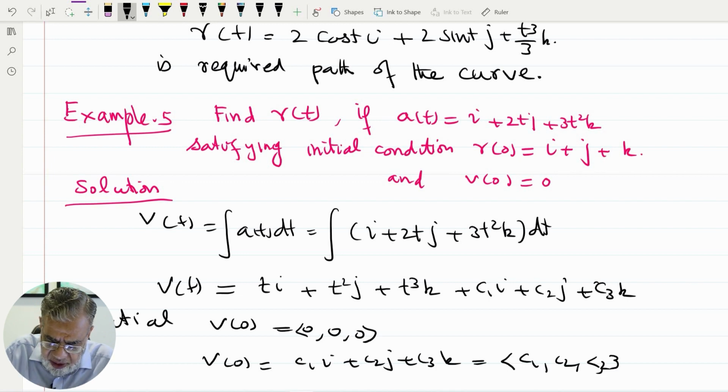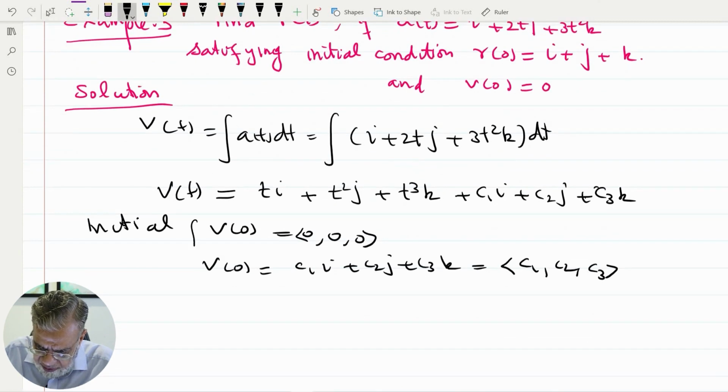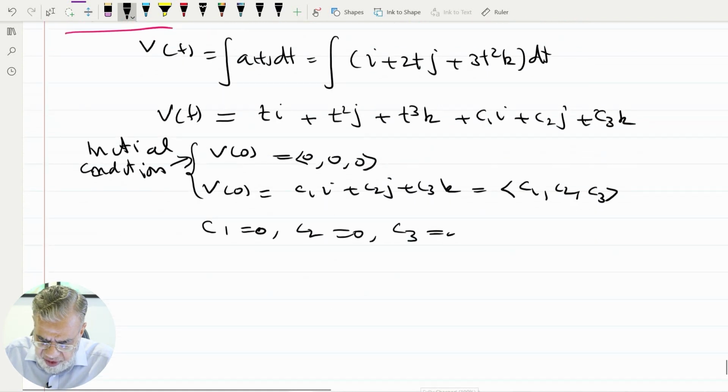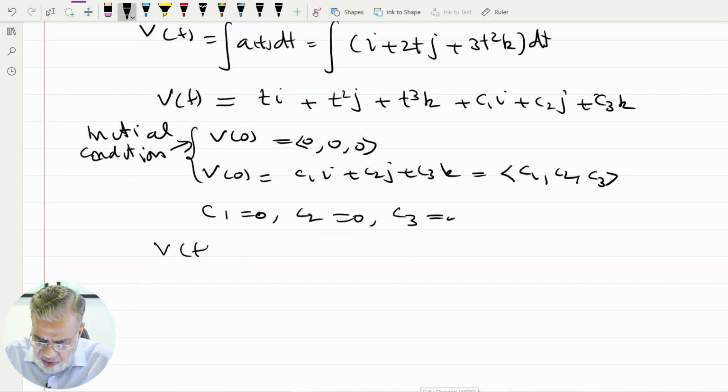We compare these two vectors and see the values we get for our constants c1 to c3. We get c1 equal to 0, c2 equal to 0, and c3 equal to 0. Substituting these values, I get the value of v of t. The velocity vector is equal to t i plus t square j plus t cube k. So this is one part.